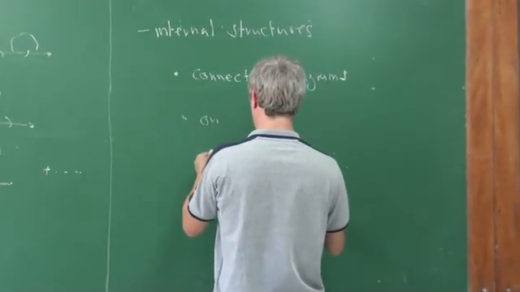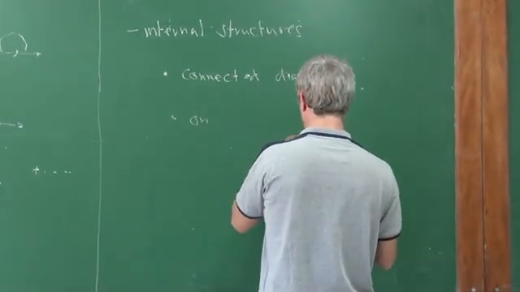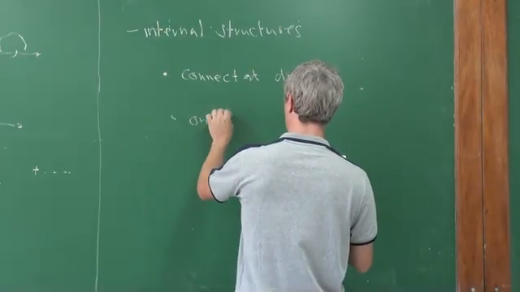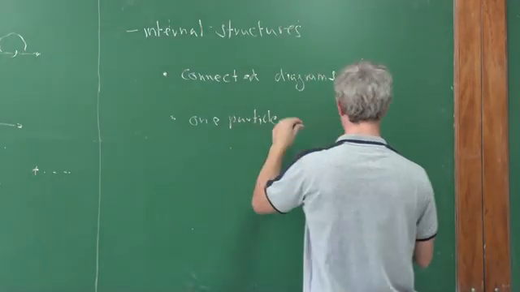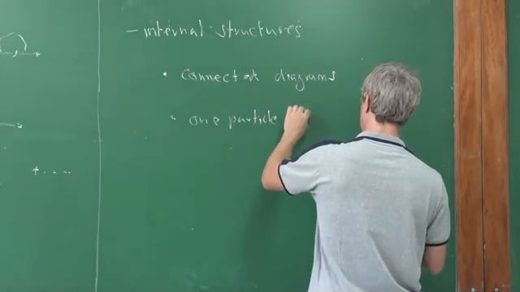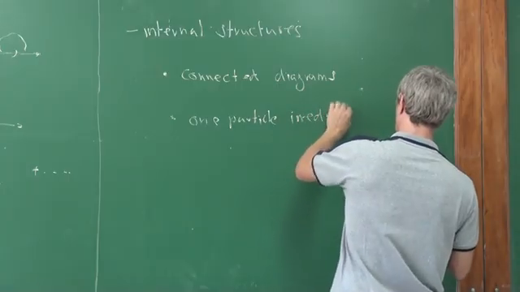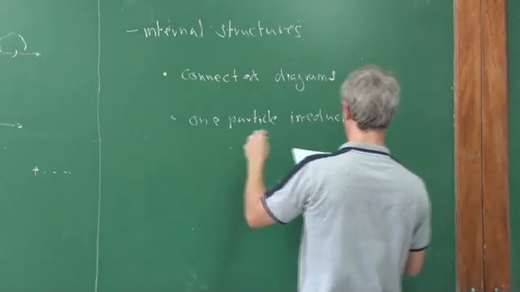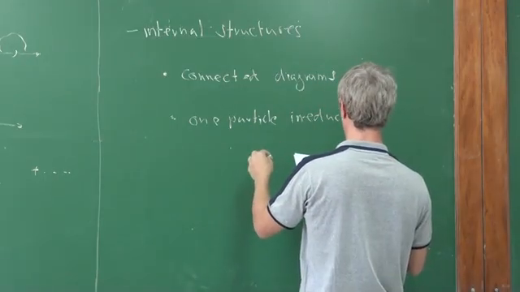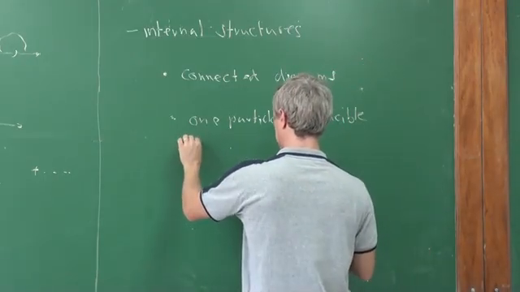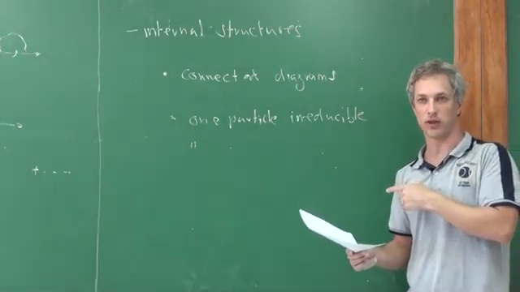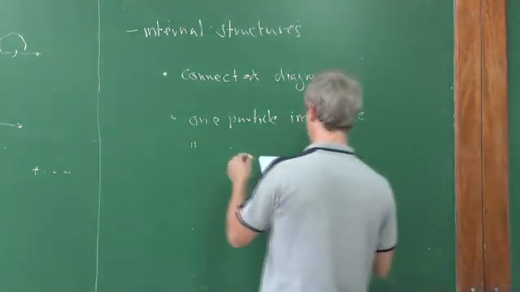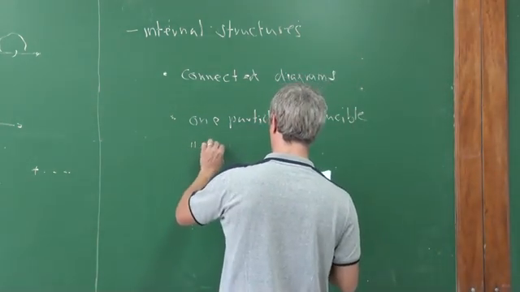one particle irreducible diagrams. And let me just write down what this means. So one particle irreducible means that, do you know this kind of thing also? Did you? Okay, so I don't have to go too much into it.